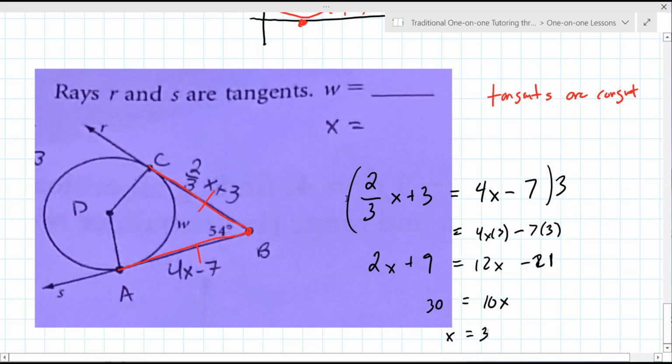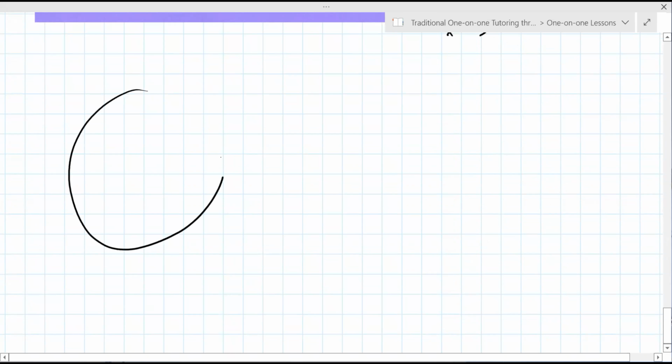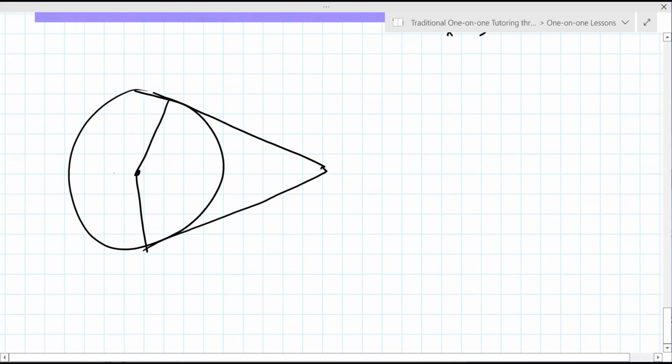Okay, now I'm going to redraw this for the next part, for W. You still have these two tangents, and you have a center, C. Let me label this.